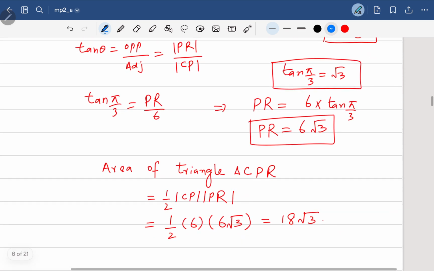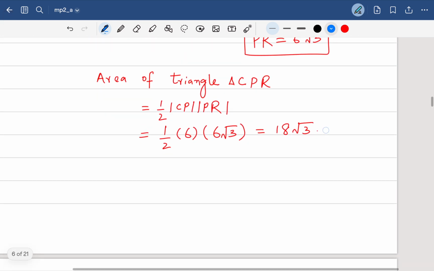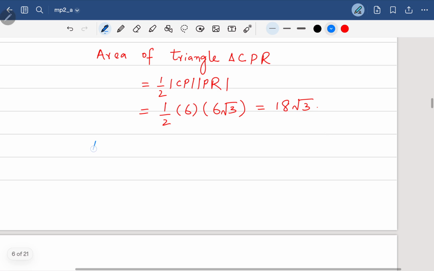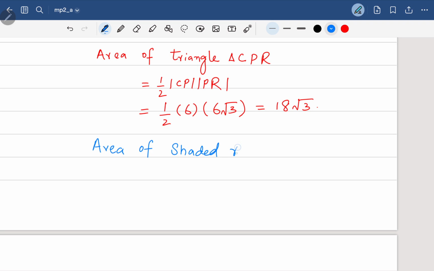So the area of the shaded region should be the area of the triangle take away the area of the sector, and the area of the triangle is 18 root 3 minus the area of the sector, which is 6 pi.